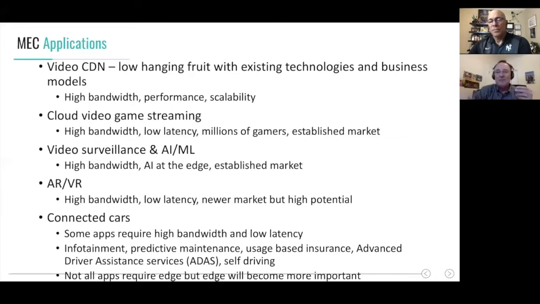Yeah. Okay. Another one that's also an existing application use case is video surveillance, especially video surveillance with AI and machine learning. Obviously, there are a lot of issues around privacy and things like that. But we know places like China are doing this big time with facial recognition and everything else.